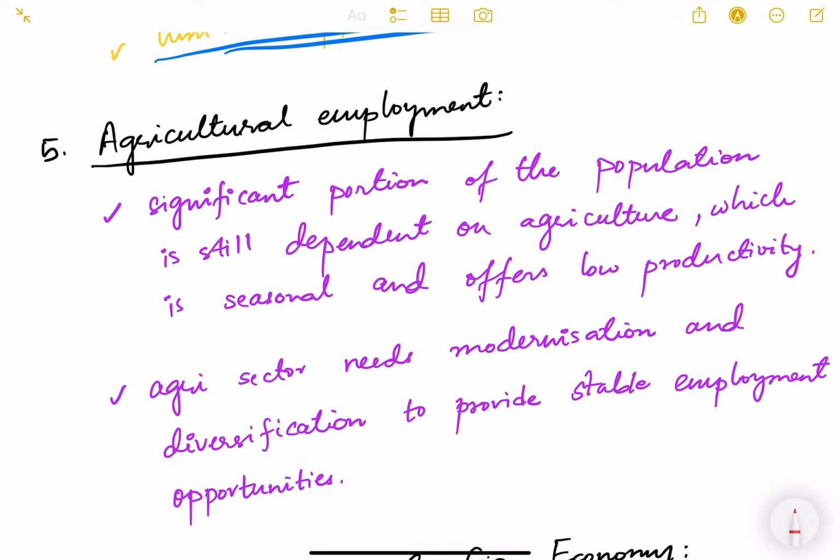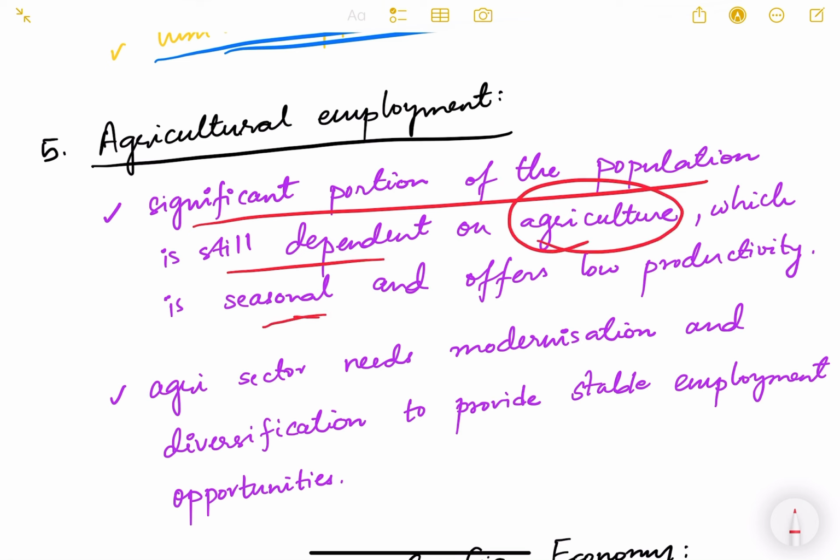Then agricultural employment. Agriculture is still a significant employer in our country. A significant portion of the population is still dependent on agriculture, which is seasonal and offers low productivity. The productivity in agriculture is very, very low. Productivity meaning if a person is working say 8 hours a day in agriculture, maybe he is earning only 250 rupees.